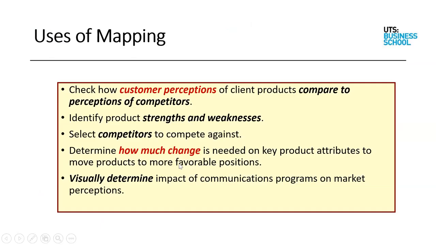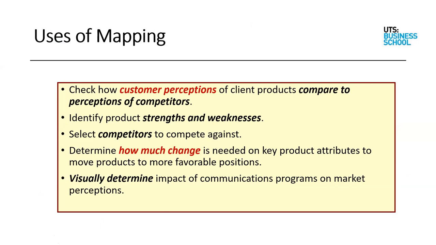The uses of mapping, essentially perceptual mapping, help to create the perceptions that the consumers have in mind regarding your brand and the competitor brands, or the competitors if you're a new brand and want to enter the market. It helps to identify product strengths and weaknesses and select the competitors you want to compete against.